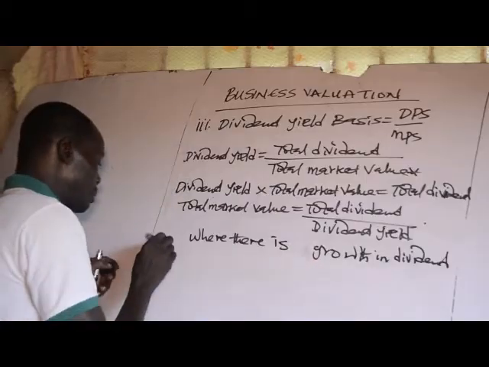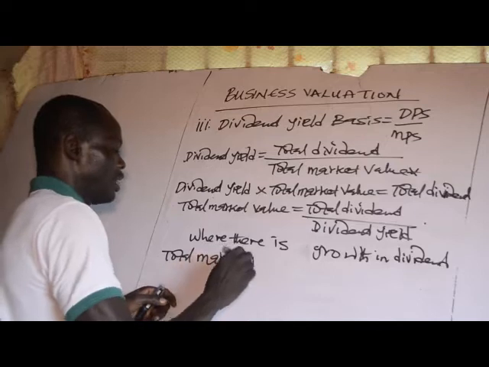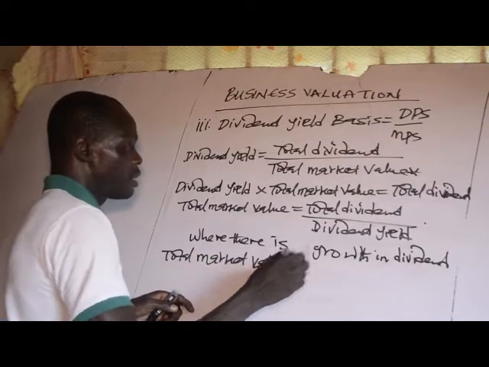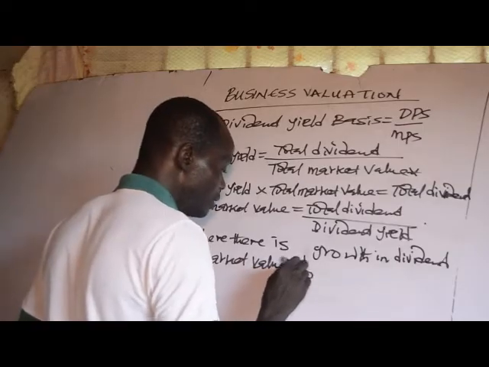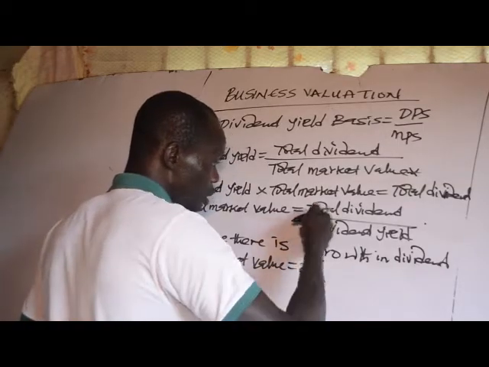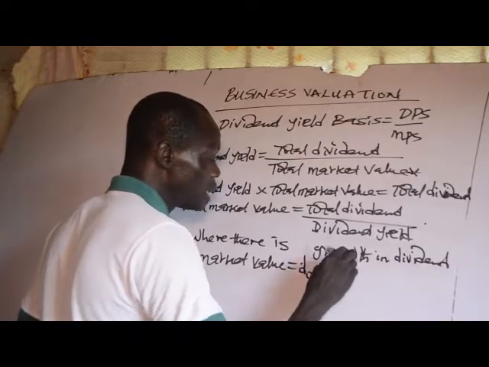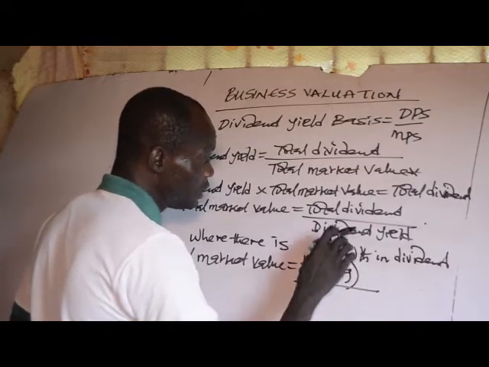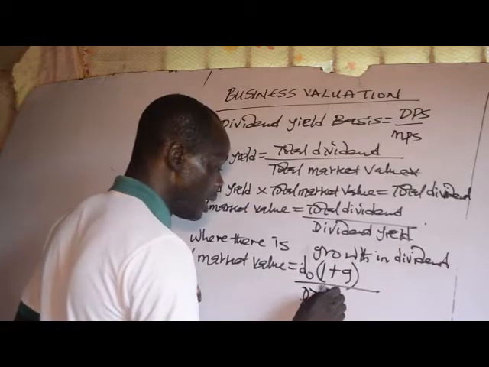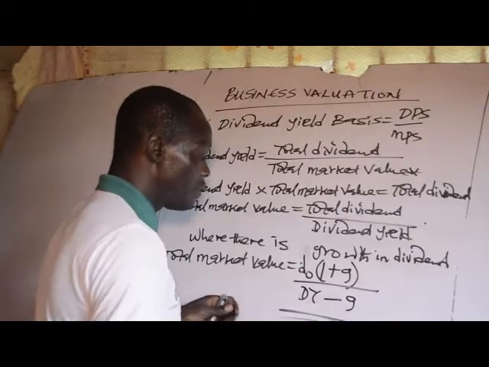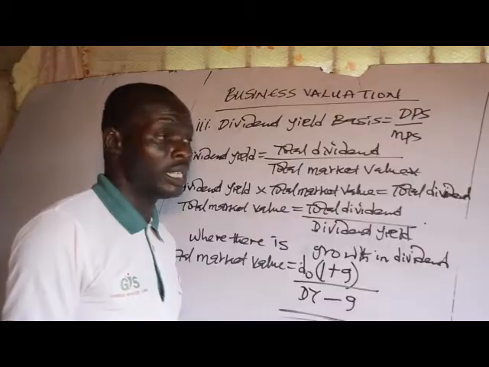So total market value will now be equal to total dividend in the base year times 1 plus growth rate over dividend yield minus growth. That is the formula where there is a growth in dividend.